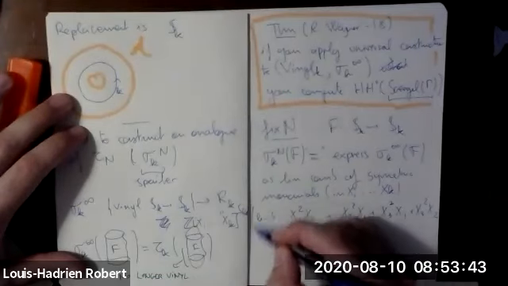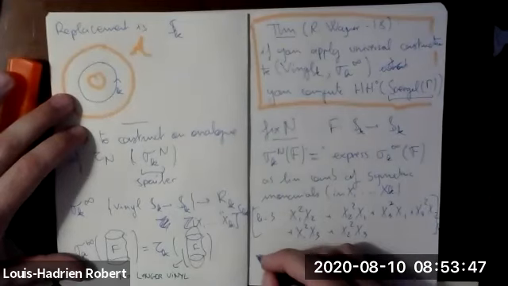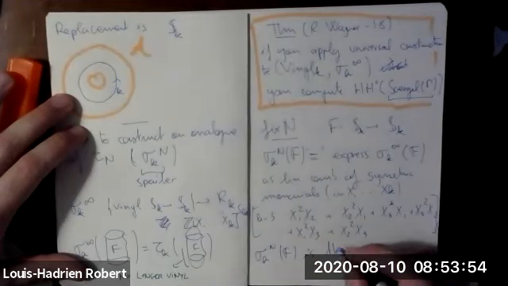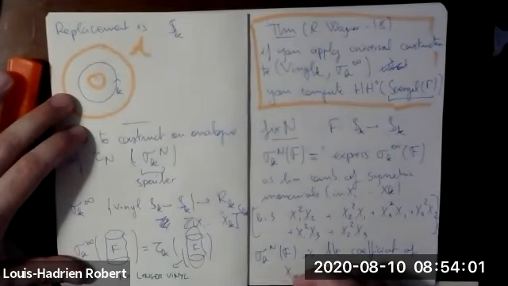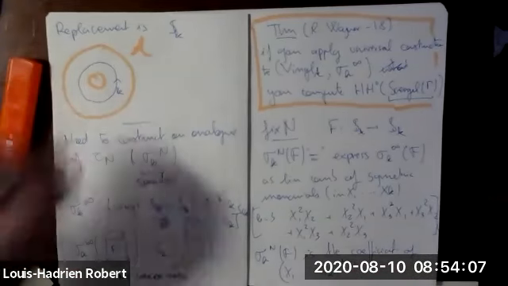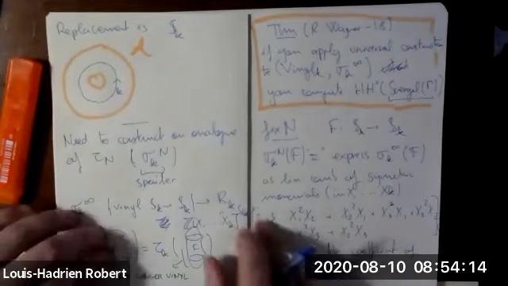And now you define sigma K n of f as the coefficient of the product of x1 through xk to the n minus 1.